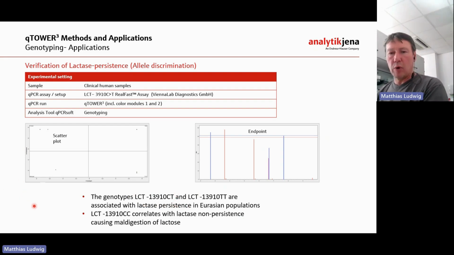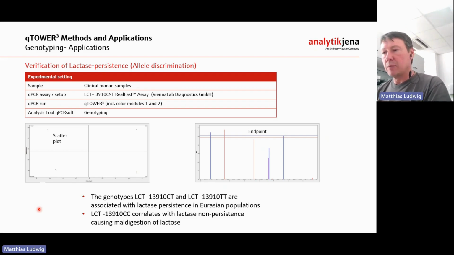These are also part of this assay. Then you can see, based on the scatter plot or these endpoint signals, whether you have a patient with lactose intolerance or not. This is important, for example, for the food you give the patient in the hospital, and also for the patient later, so they know they have to avoid milk products or buy specific lactose-free products, and so on.